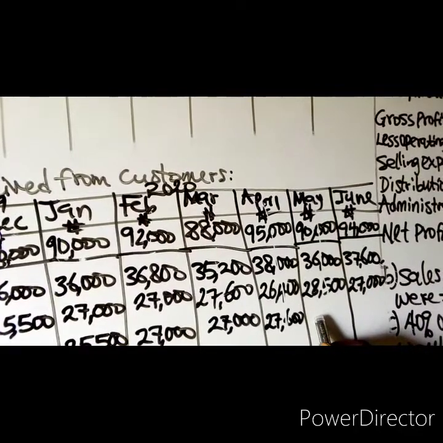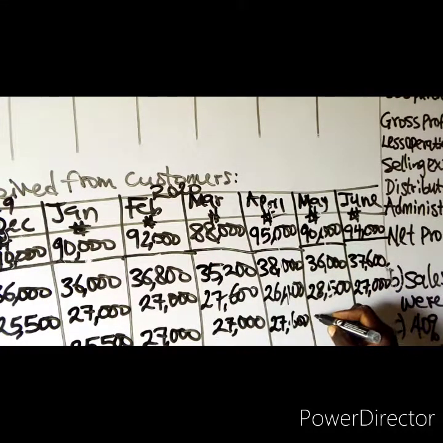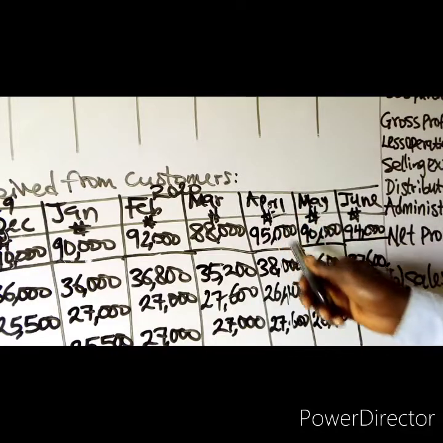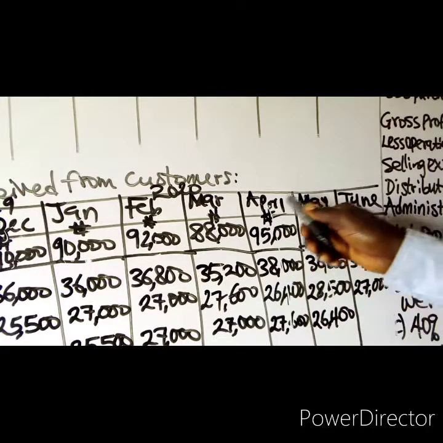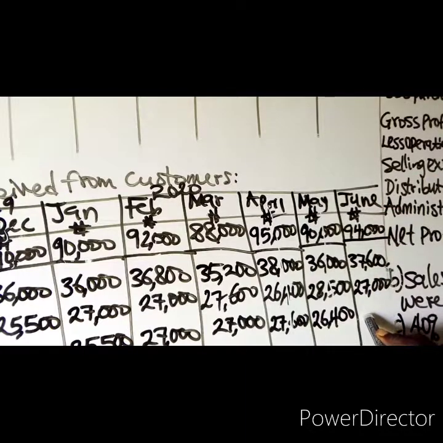That will be received in the month of May. Now, 30% of 88,000 will give us 26,400. Then for the sales that was made in the month of April, the one that will be received in 60 days time, after April, that is 2 months after, we have May, June. That will be received in the month of June 2020. And 30% of 95,000 is 28,500.